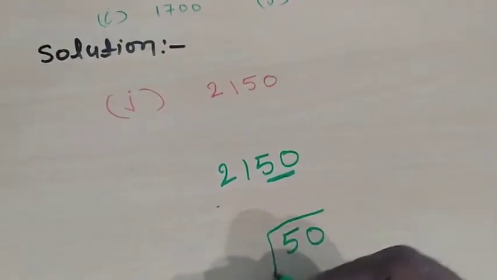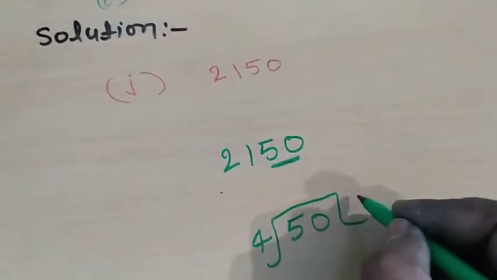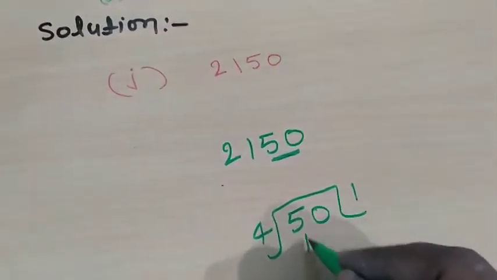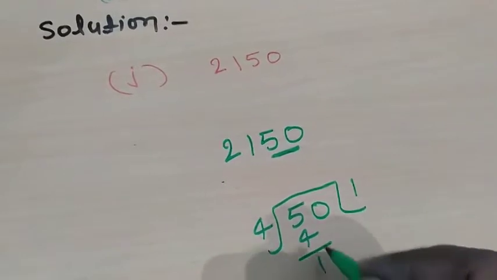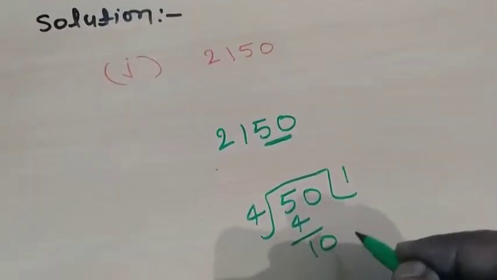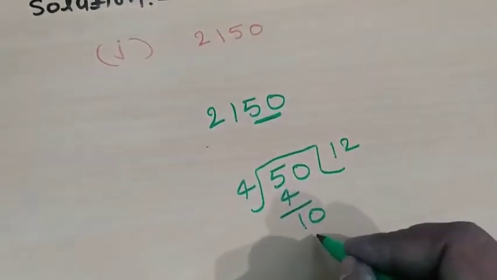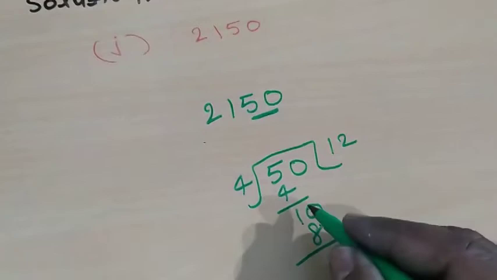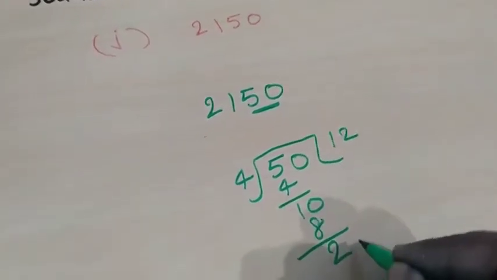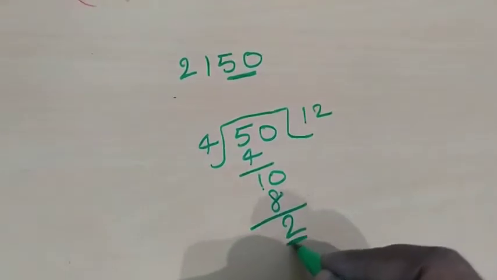So you divide 50 by 4. 4 1s are 4. 5 minus 4 is 1. Bring down 0, it becomes 10. 4 2s are 8. 10 minus 8 is 2. So you can see the remainder is 2, not 0.